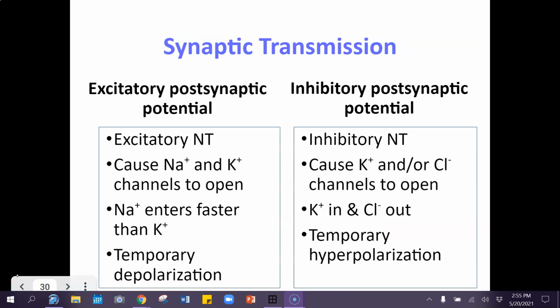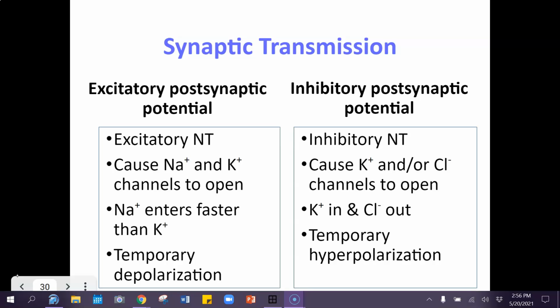Postsynaptic potentials can be excitatory or inhibitory. Excitatory postsynaptic potentials, which are also known as EPSPs, are going to cause a local depolarization. So in order to cause that local depolarization, in order to cause our membrane potential to become more positive, it's going to cause sodium and some potassium channels to open.